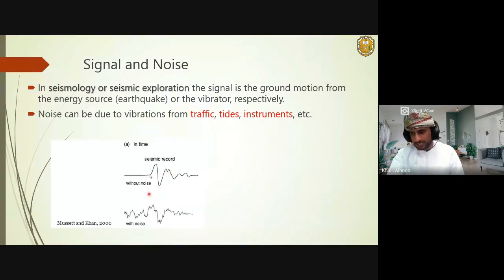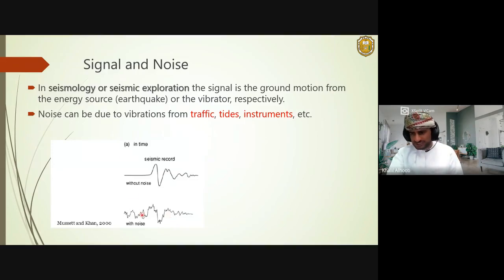If I compare these two, I find the second one is saturated with a lot of noise. So how to remove the noise? There are many techniques. We'll not go to the details of how we can remove noises in seismic data, because that's not the scope of this course.